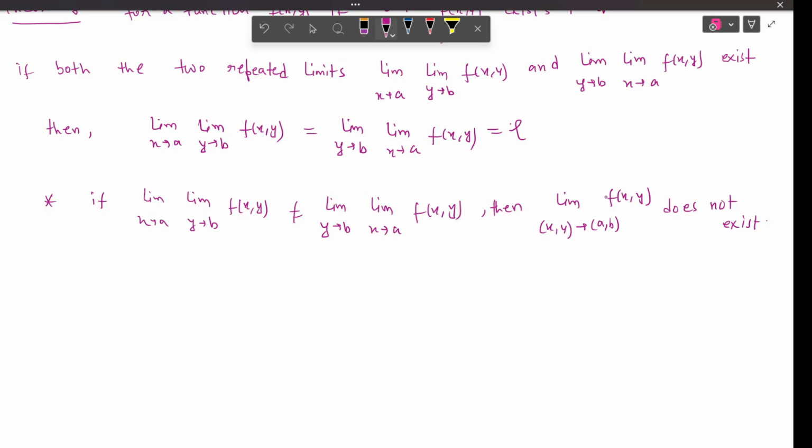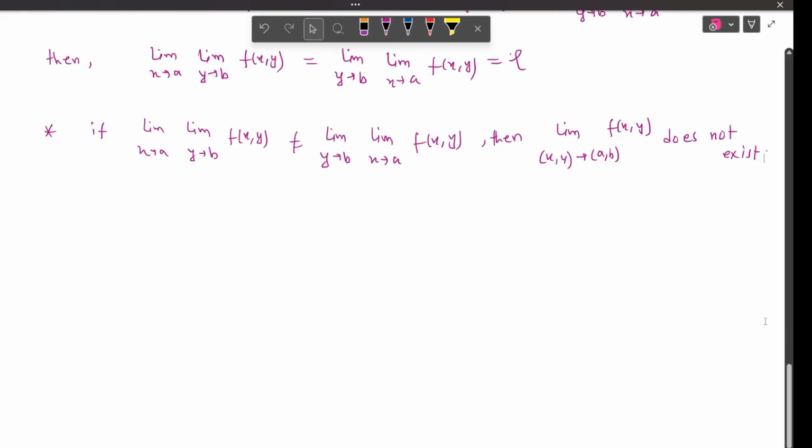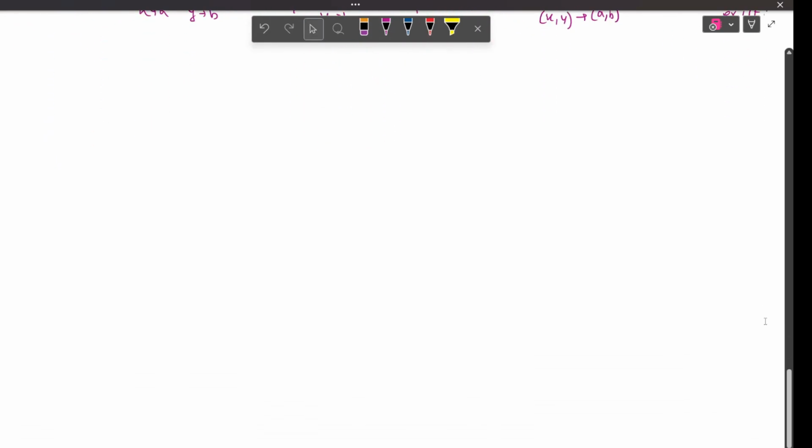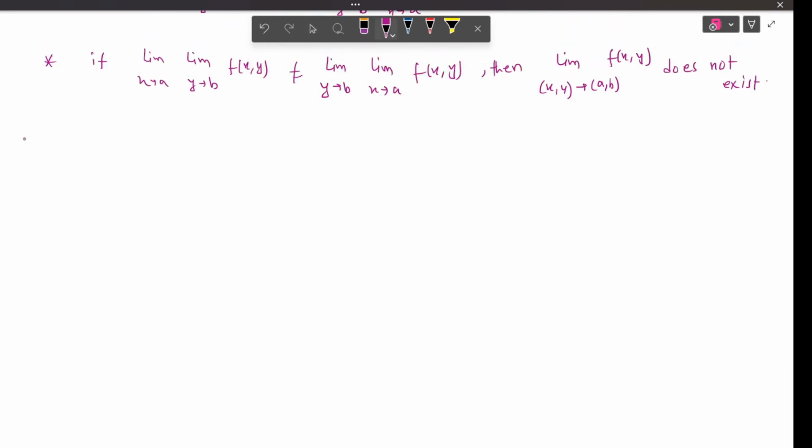So let us see one example so that this will be clear. Let us say we have the function of x y as x square y cube plus log of x into sine of y by y.